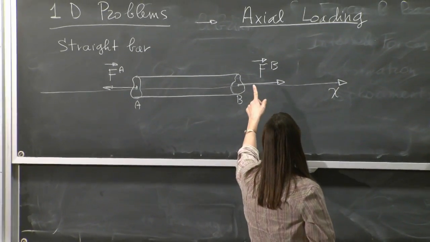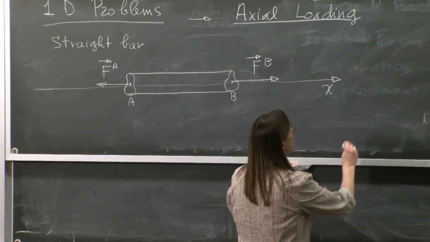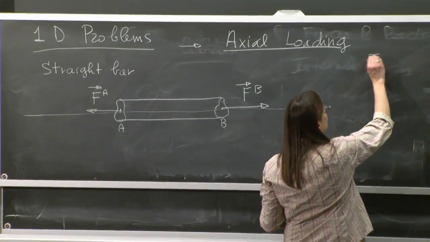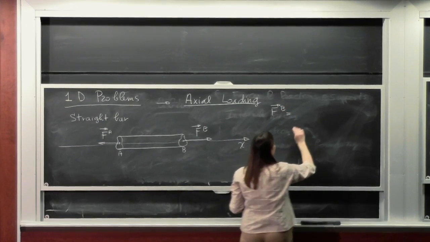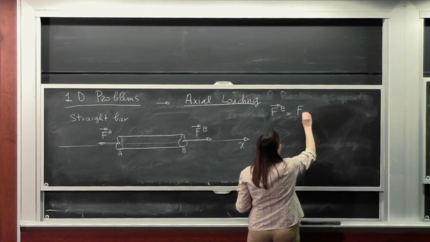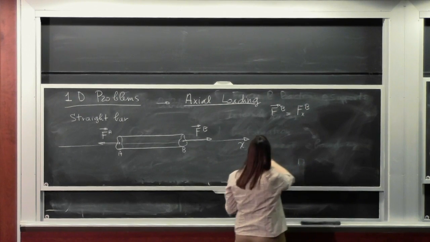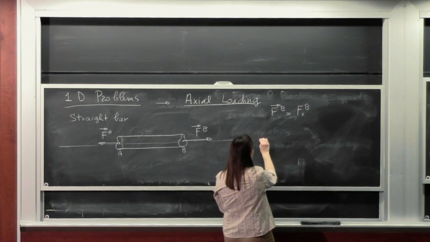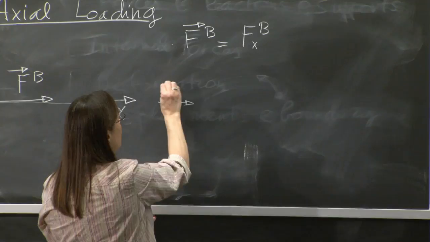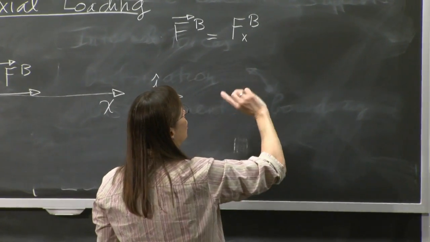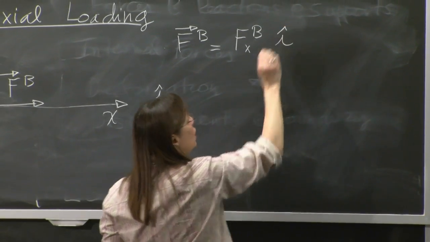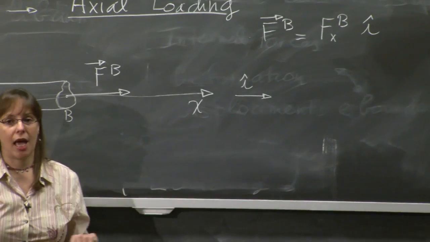So in one dimension, my force FB is going to be simply equal to Fxb acting along the x-axis. So let's put a unit vector i along the x-axis. So FB is going to be Fxb multiplied by the unit vector i along the x-axis.